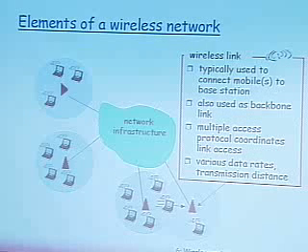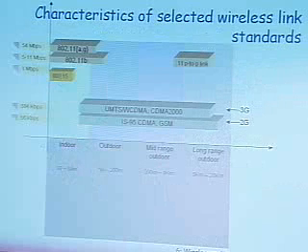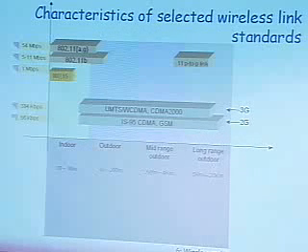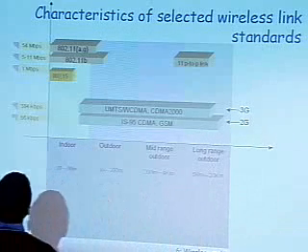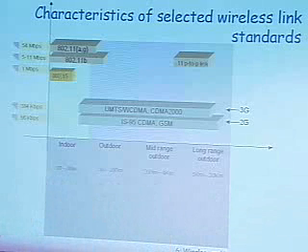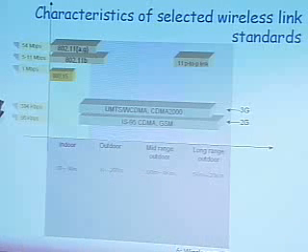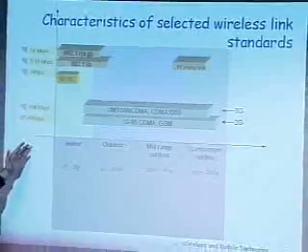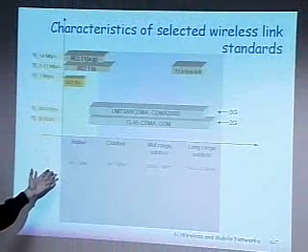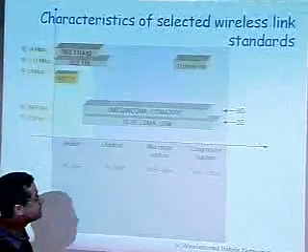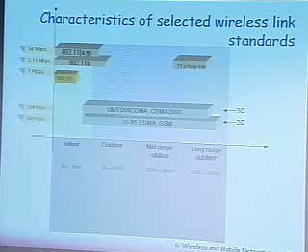There are different kinds of wireless links and different kinds of wireless standards. This figure shows the different wireless standards, their capability in terms of bandwidth, and their capability in terms of distance. The wireless networks we are most familiar with are the 802.11 based networks, let's say 802.11a, g, or b.